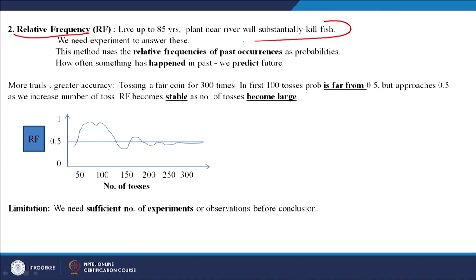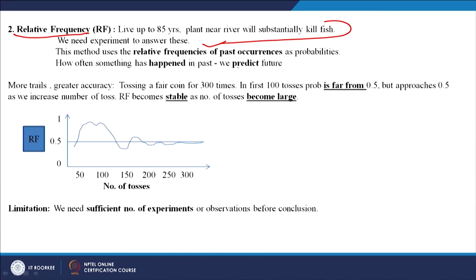Or let us say, what is the probability that the speaker of the TV would blow off when you turn its volume to its full level? So, for knowing answers to all these questions, you need to perform some experiments, is not it? Only then can you find out answers.